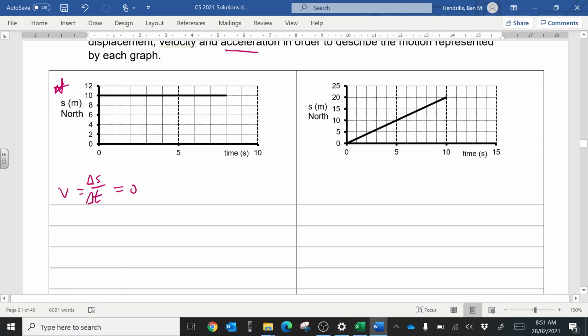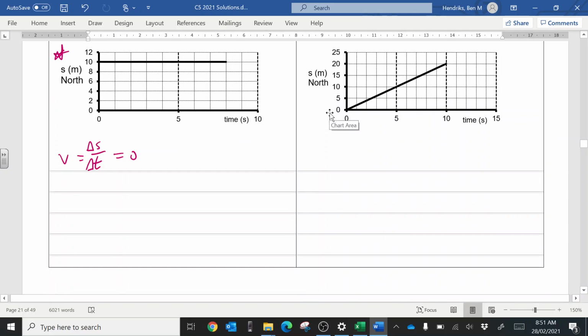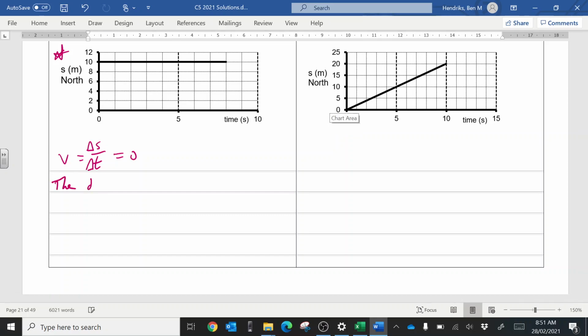So all that we can really say here is that the displacement of an object is 10 meters north of a reference point.